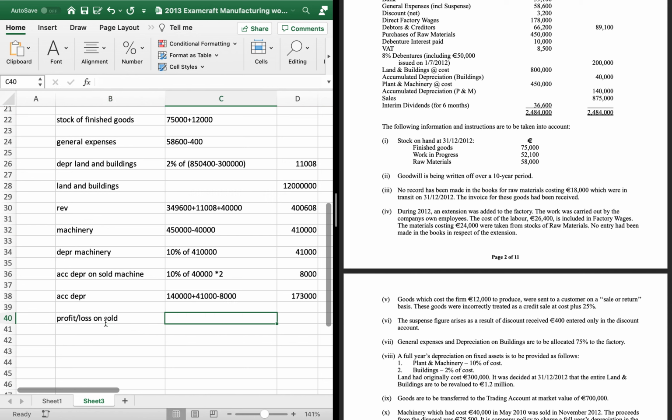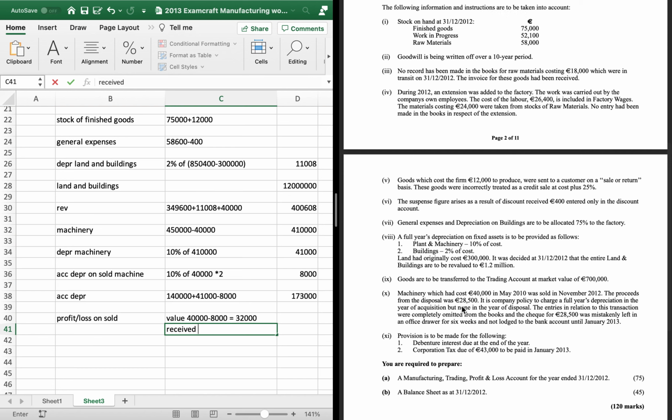So its value was 40,000 minus 8,000, which is 32,000, and we received a check for 28,500. So therefore we made a loss of 3,500. And that's in manufacturing overheads. So we made a loss on the sale of a van of 3,500.